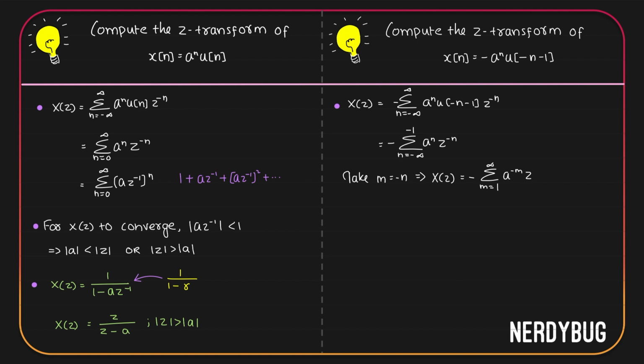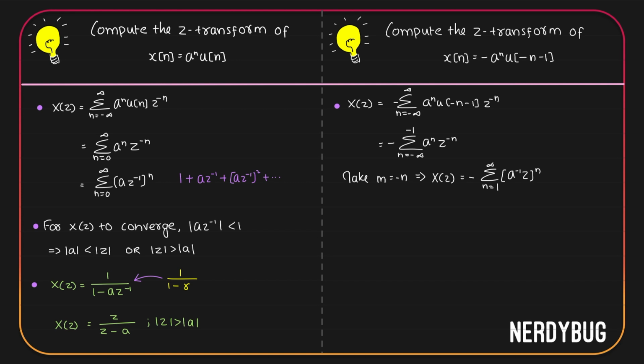z to the power minus n will become z to the power m. Now we know it doesn't matter what we call the variable to which we are giving the limit, which is m here. I am going to call it n itself. We have a raised to minus n, z raised to n. We can write it like this: a raised to minus 1, z the whole raised to n.